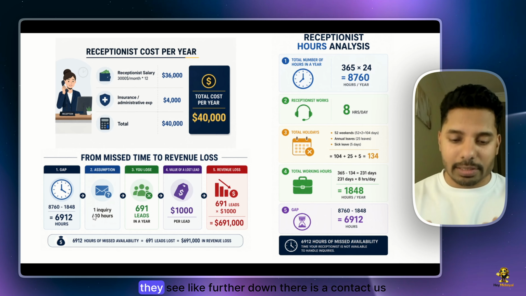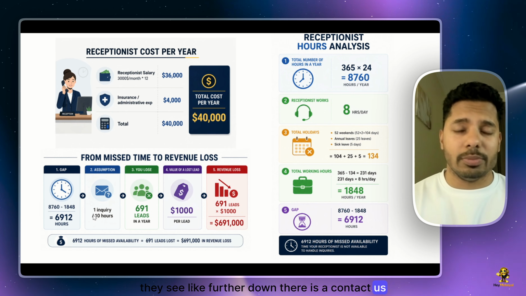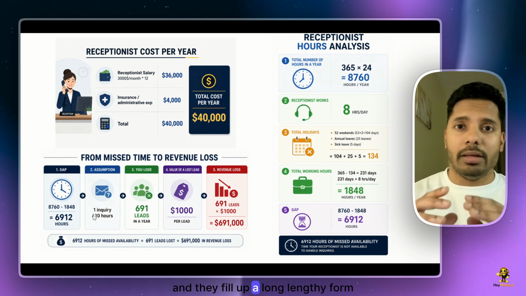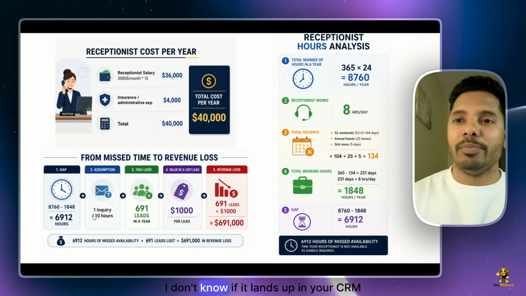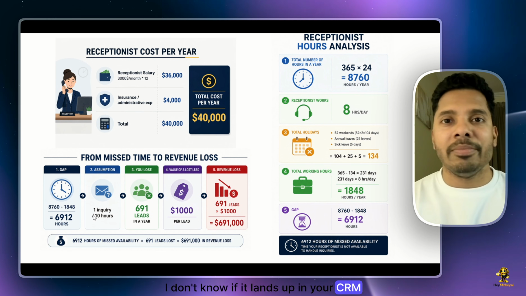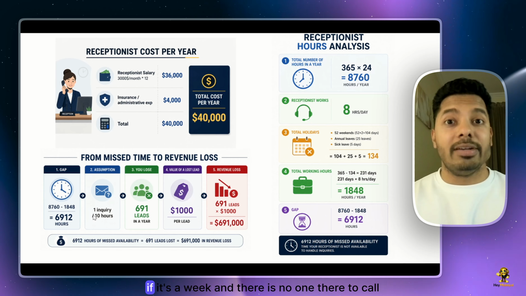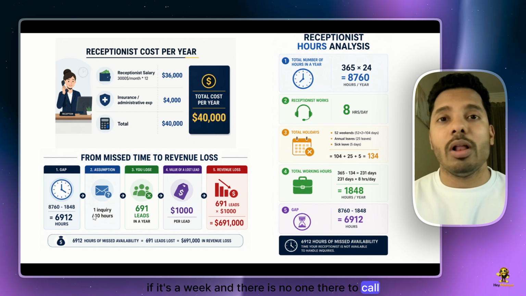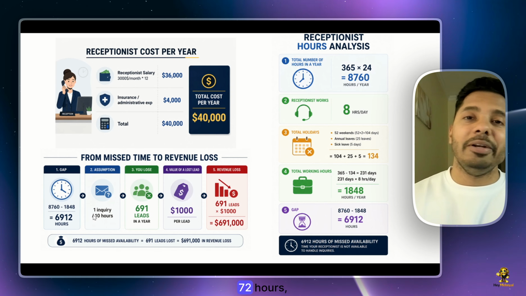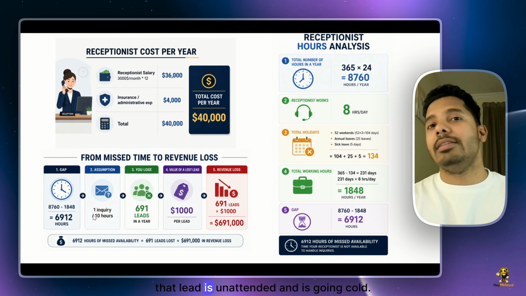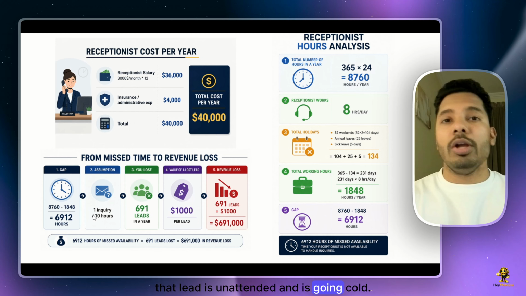And they see further down there is a contact us button, and they fill up a long lengthy form, and I don't know, it lands up in your CRM. And if it's a weekend, there is no one there to call them back, and for 48 hours, 72 hours, that lead is unattended and is going cold.